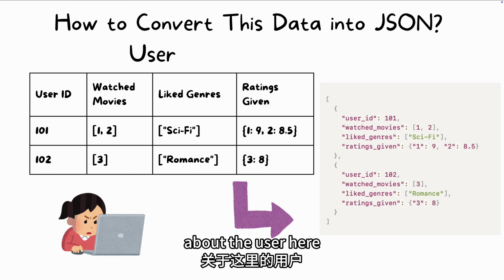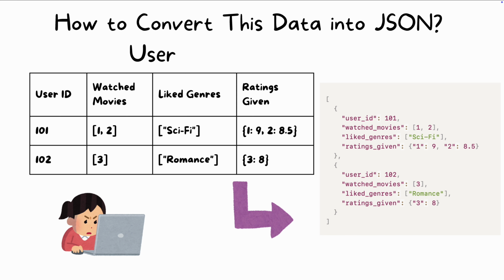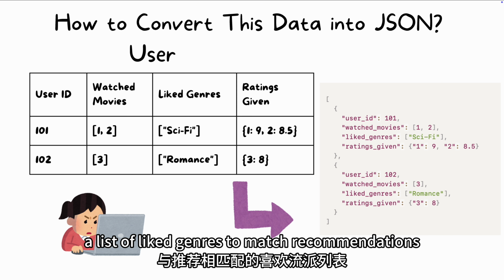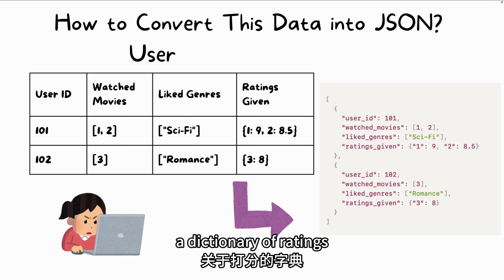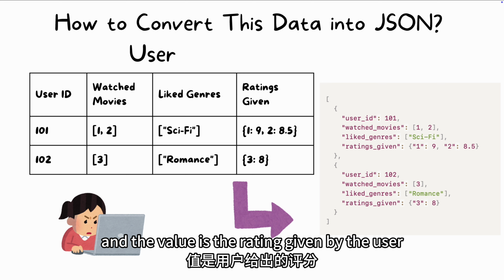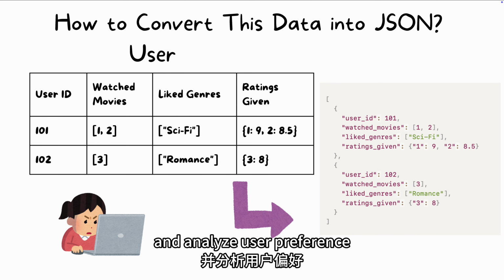About the user, here as you can see, we are storing a list of watched movies using their movie IDs, a list of liked genres to match recommendations, and a dictionary of ratings where the key is the movie ID and the value is the rating given by the user. This structure ensures that we can easily retrieve and analyze user preferences.